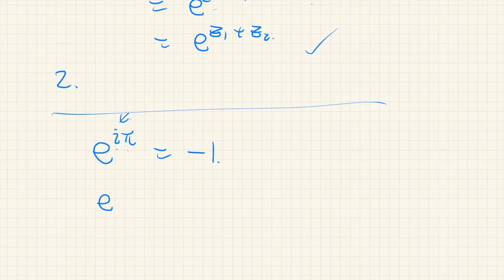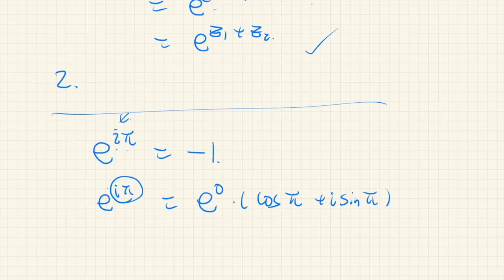By definition, here the real part of this exponent is 0. Therefore, it's e to the power of 0 times cosine pi plus i sine pi. And cosine pi is -1. So this is 1, this is -1, and this is 0. Therefore, we have this equality.